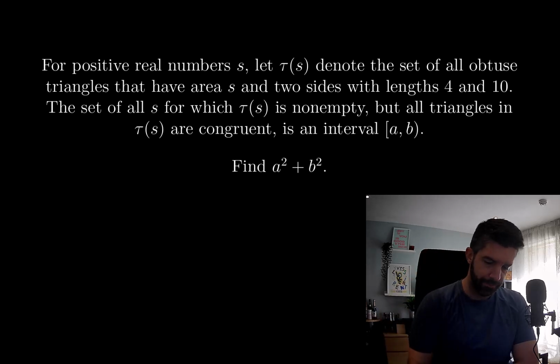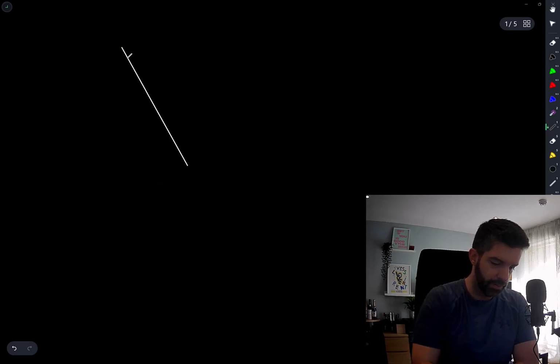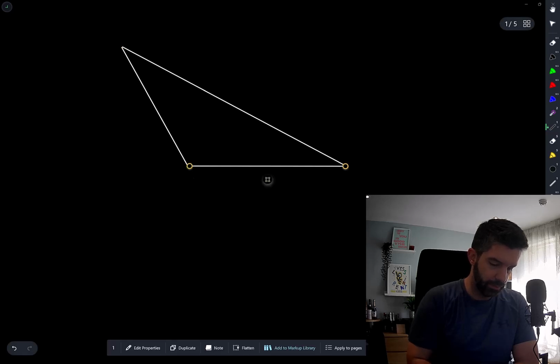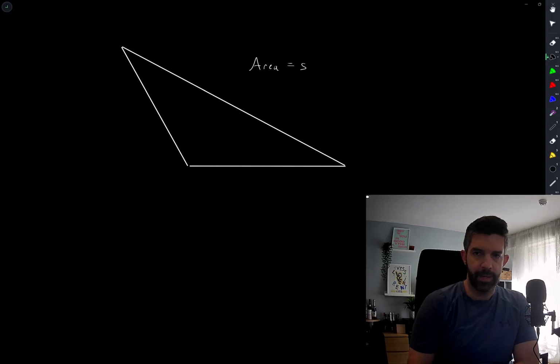So, in general, I need to think about an obtuse triangle, so that means it has an angle greater than 90 degrees. The area equals s, and it has two sides with lengths 4 and 10.